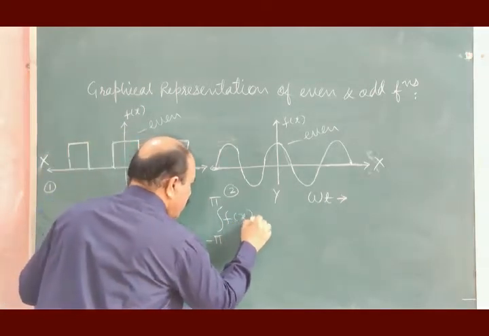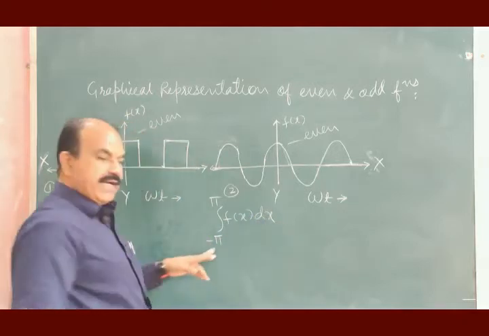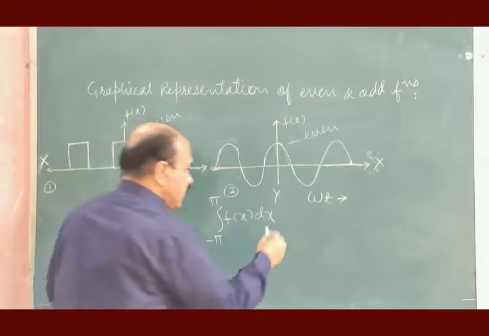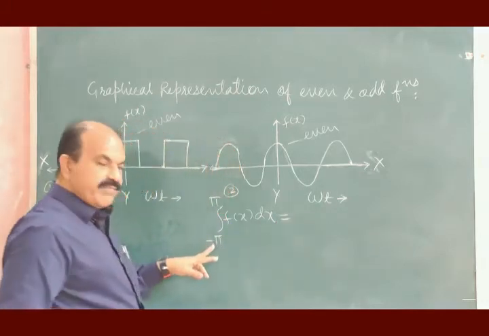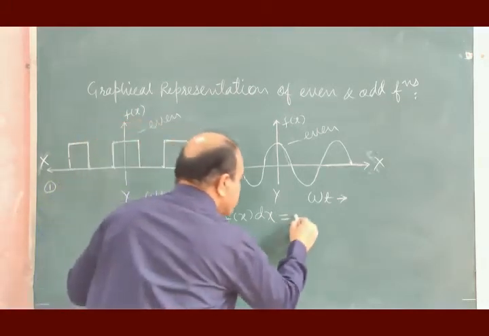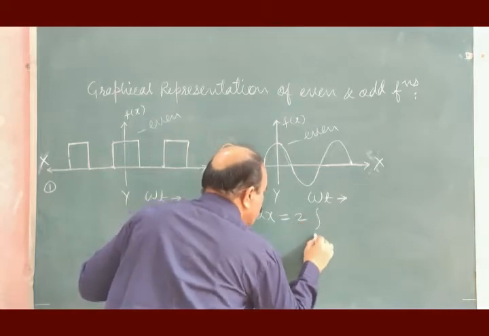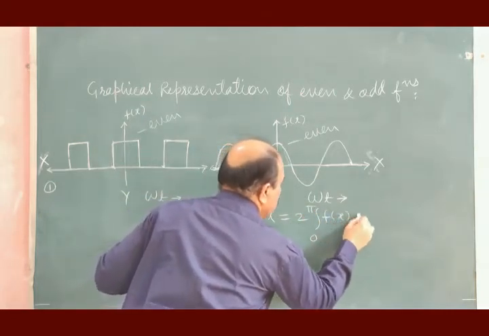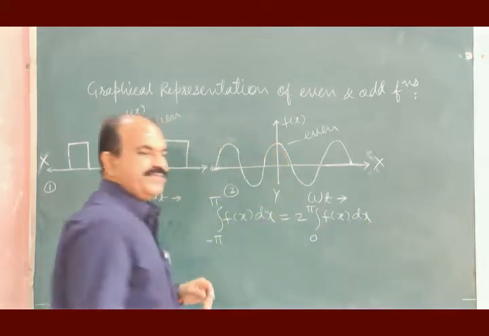If we have integration of an even function, this f of x is an even function. Within the limits minus pi to pi, it is always 2 times integration of 0 to pi f of x dx.